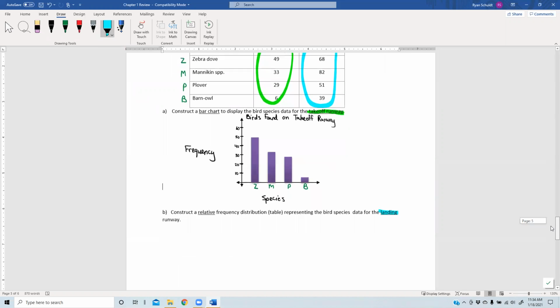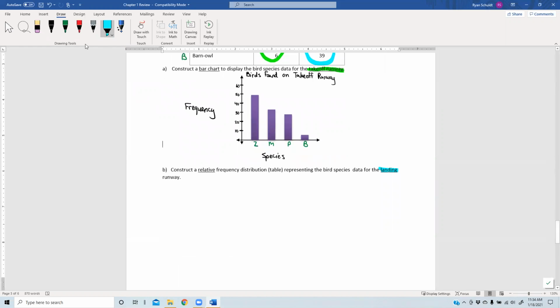Now, what I recommend on one like this is to go on and just bring the species column down and the frequency column down. And then you have a relative frequency column. So species, let's see, we have the zebra dove.